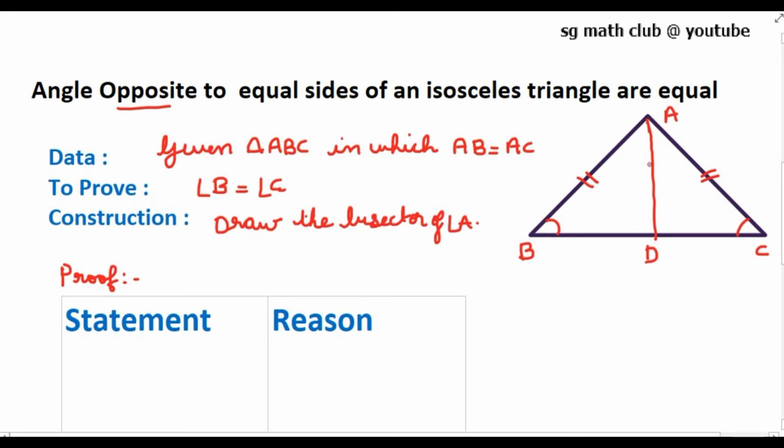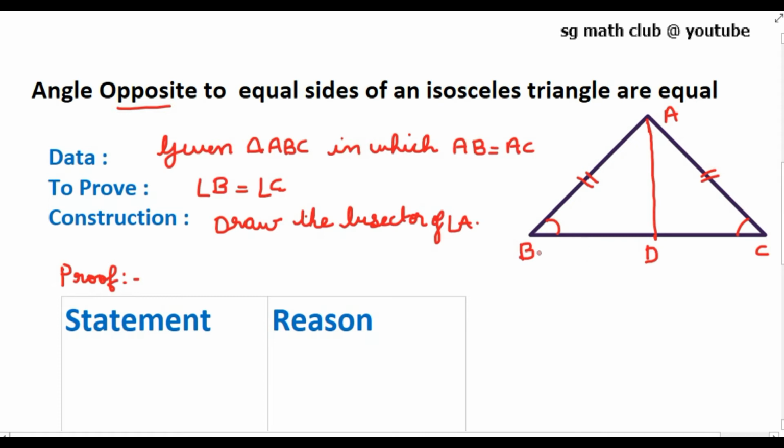So we have drawn the line AD in such a way that AD is the bisector of angle A, or we can say that the bisector of angle A meets the side BC at D, or the point of intersection of the bisector and the side BC is point D.